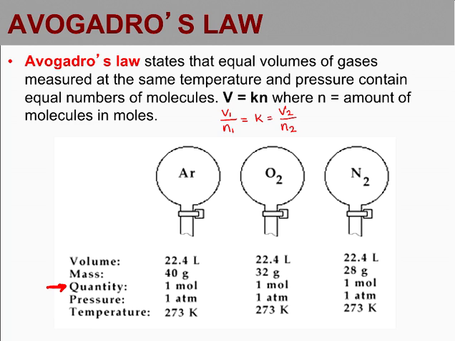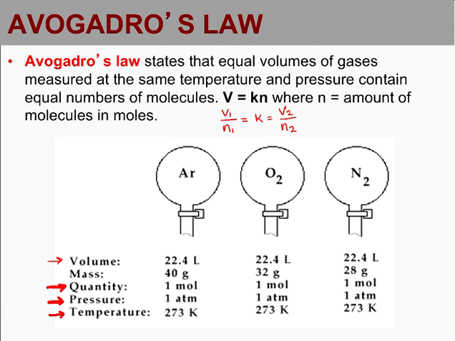And then the pressure of each bulb is 1 atmosphere. The temperature is also the same for each. It's 273 Kelvin. So you'll also notice up at the top, the volume of each gas is the same as well. 22.4 liters.